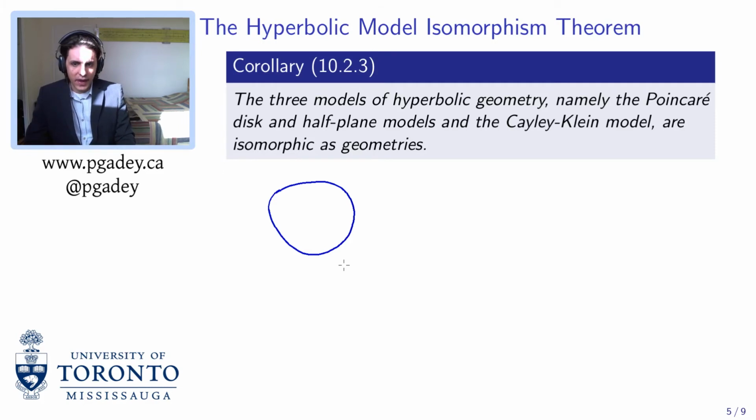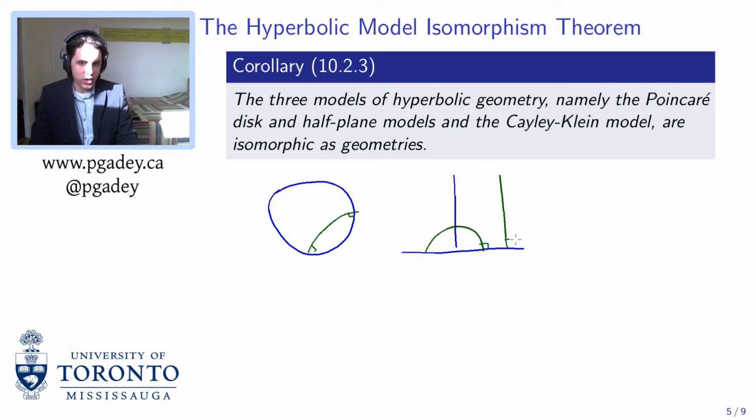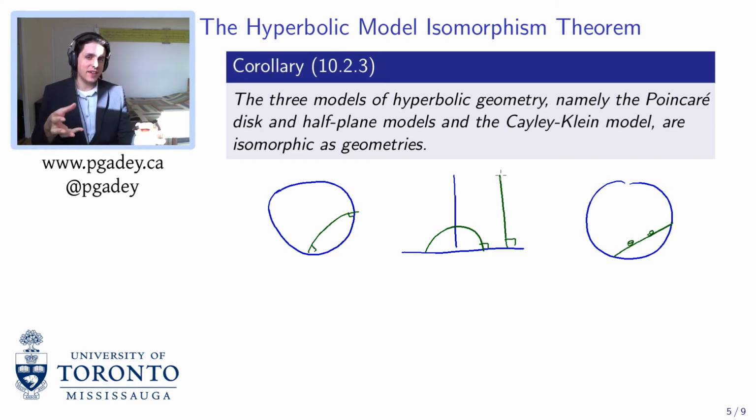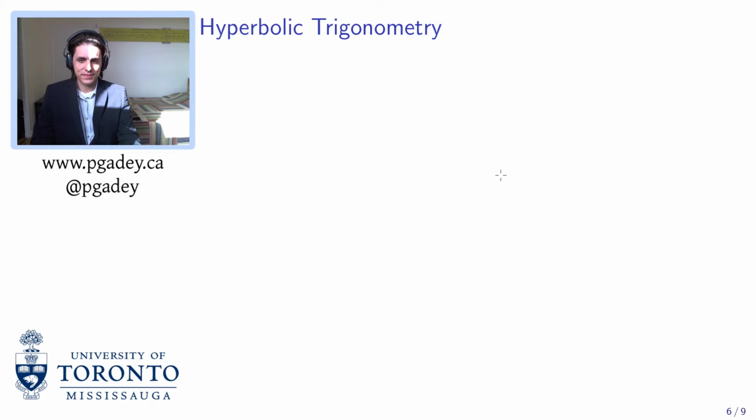This disk with circles orthogonal to the boundary, this half plane with circles orthogonal to the boundary and vertical lines, and this disk with straight line segments. All three of these models model the same reality, the same hyperbolic plane, in different ways.